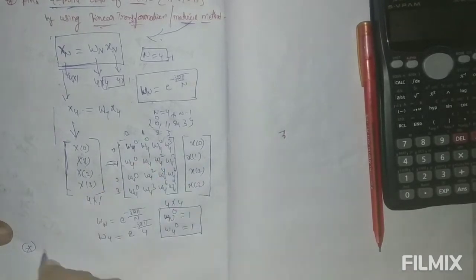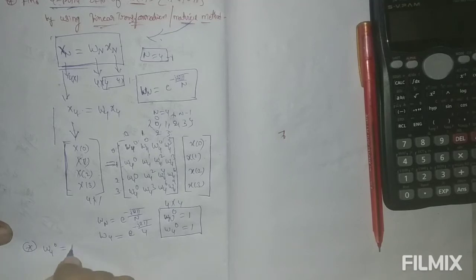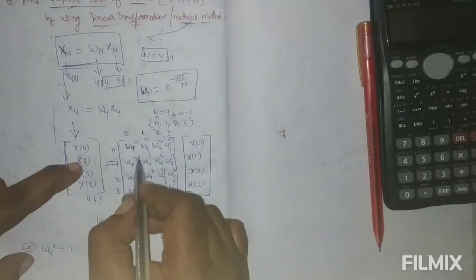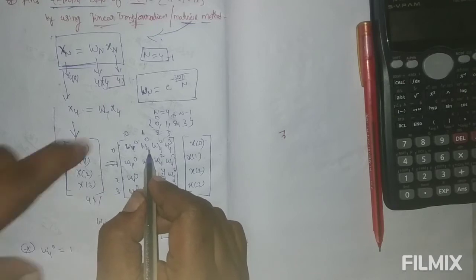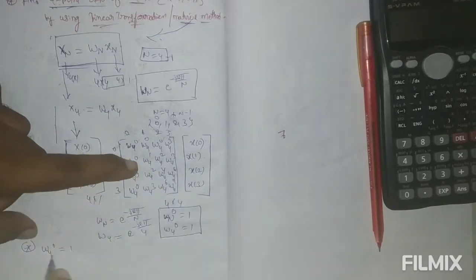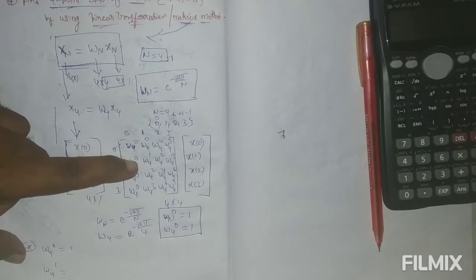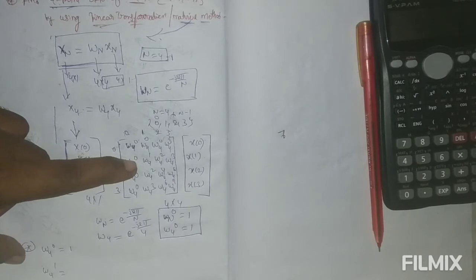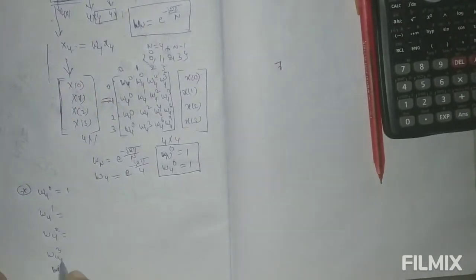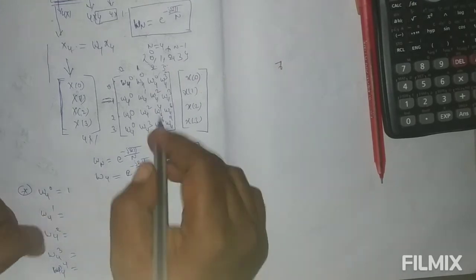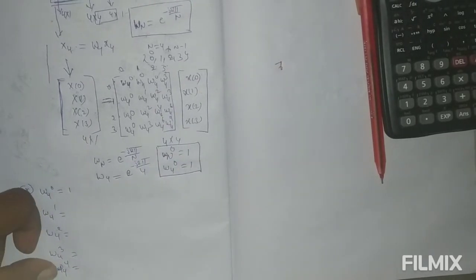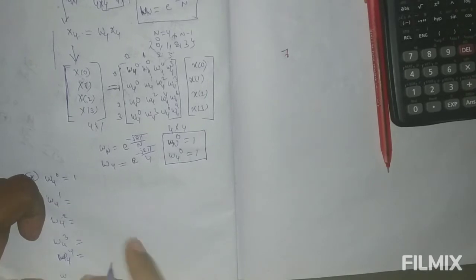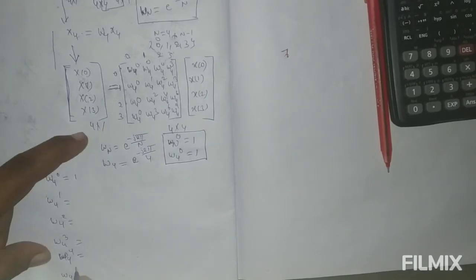The value of W4 of 0 equal to 1, and the required values for this problem are W4 of 1, W4 of 2, W4 of 3, W4 of 4, and W4 of 6.